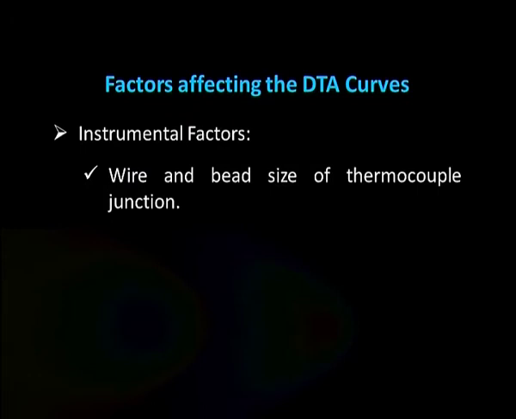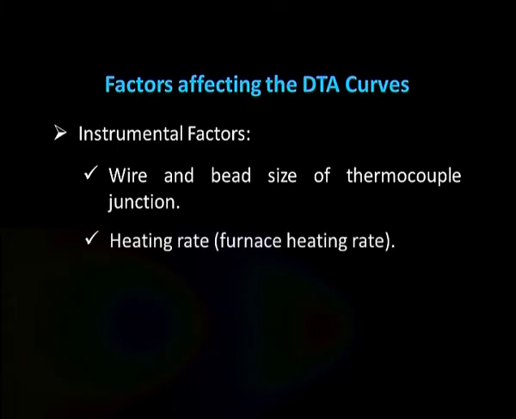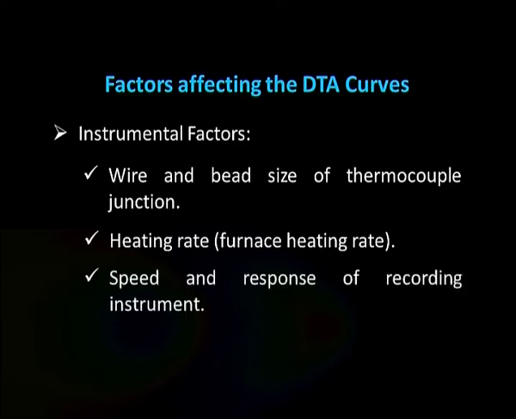Then, wire and bead size of the thermocouple junction affect DTA curves. Heating rate, as I already told you, also affects DTA curves. Speed and response of recording instruments and thermocouple location affect DTA curves.